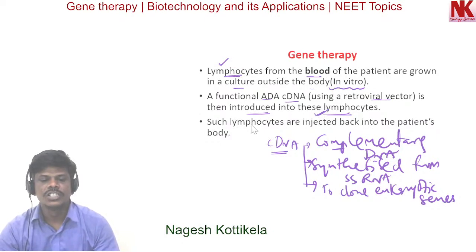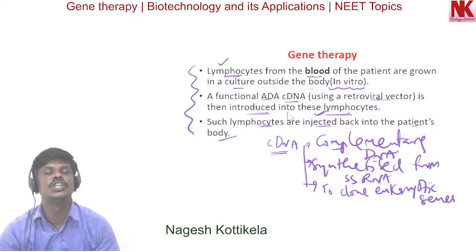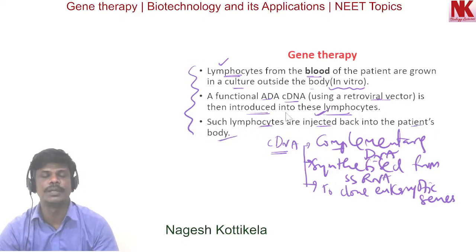Now such lymphocytes are injected back into the patient's body. So these are the steps followed in gene therapy. First of all, lymphocytes from the blood of the patient are grown in culture outside the body in vitro.